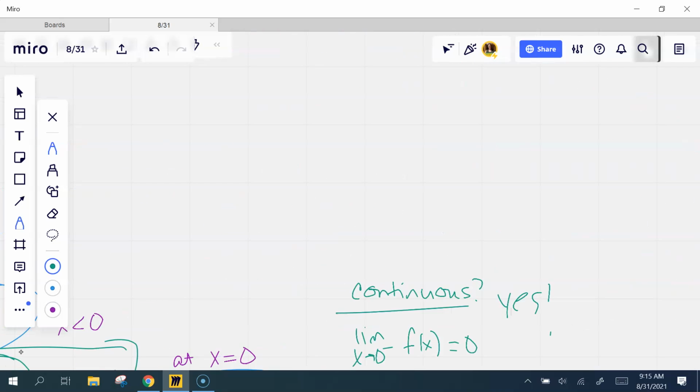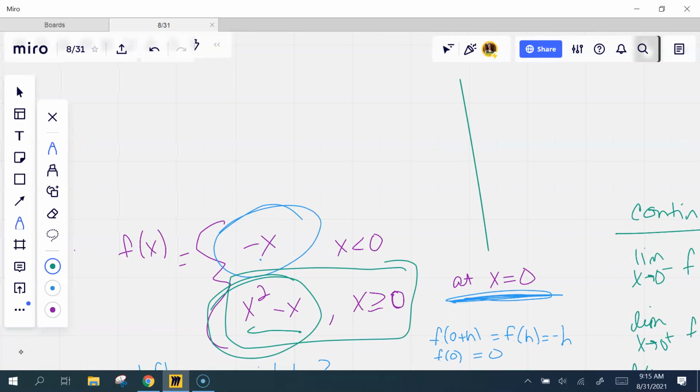I'll show you on the graph real quick. If I plug in 0 here, plug in the endpoint, I get 0, 0. It's exclusive. Plug in a point less than 0, so maybe negative 1, and it will be 1. So negative 1, 1. It's going to go this way. Here, plug in 0, you get 0. It's inclusive.